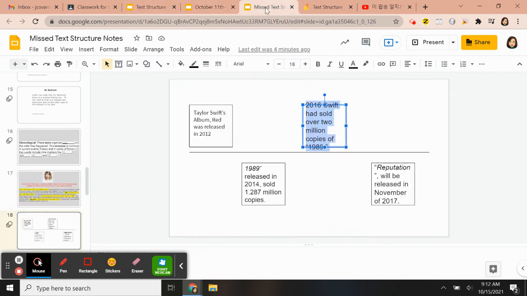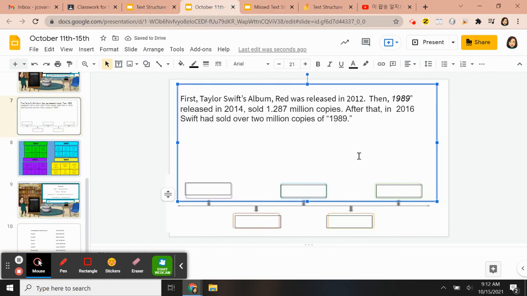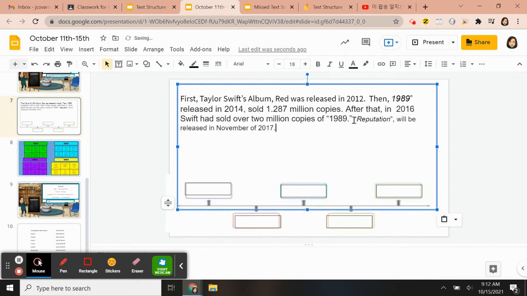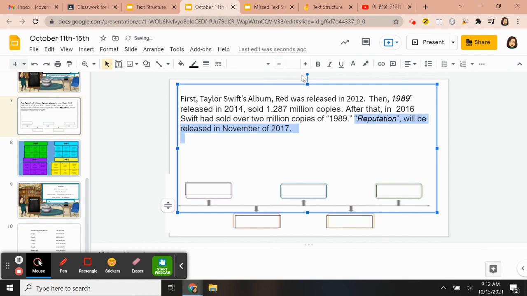And then we're going to go get our very last event. Reputation will be released in November of 2017. And what could we add as a word to introduce that last sentence for us? How about, go ahead, Bria. Last. Perfect.